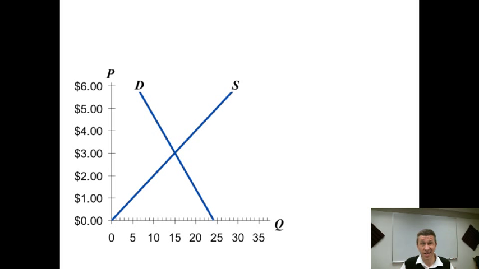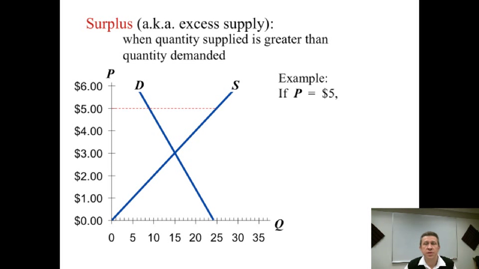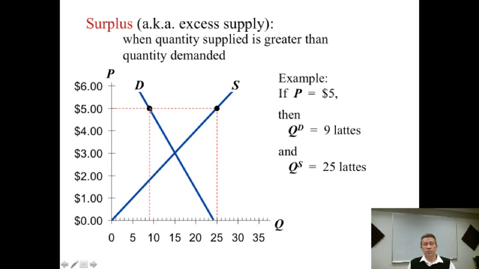If the quantity demanded is much lower than the quantity supplied, consumers aren't buying the product, producers have a lot left over, and we actually define that as a surplus. At a price of $5, consumers will buy 9 lattes, but the firms would want to sell 25.